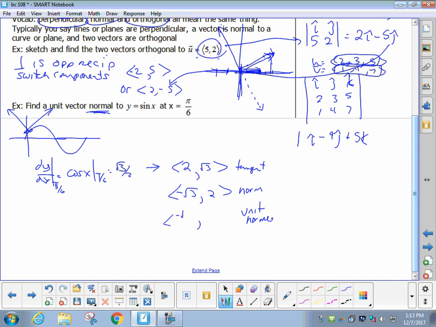It's left 3, up 2, so you're finding the hypotenuse with the Pythagorean theorem. The magnitude is root 7, so it'd be negative root 3 over root 7, 2 over root 7. And that's the unit normal.